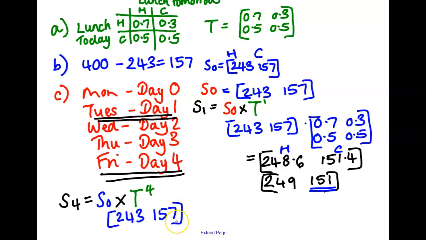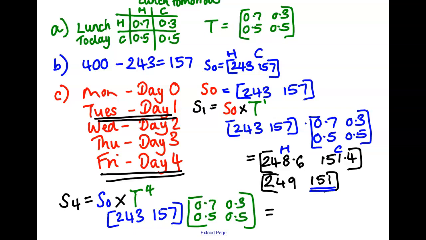That tells us S0. And we know that our transition matrix is 0.7, 0.3, and 0.5, 0.5. I'm now going to put that into my trusty graphical calculator, and that will help me work out the solution.